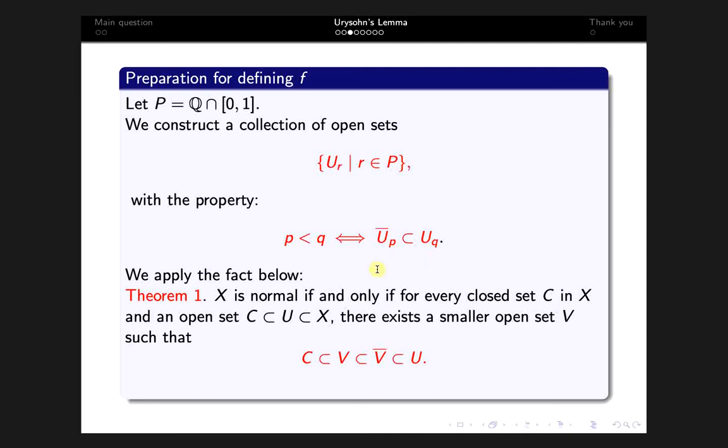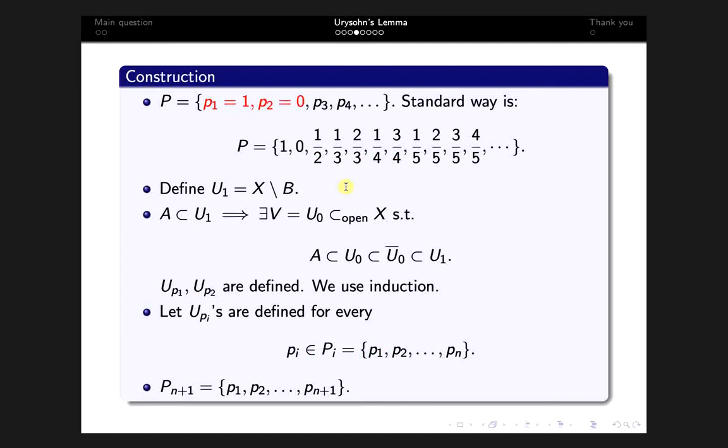So this theorem we will apply repeatedly to construct such a collection. First of all, note that the set of all rationals is a countable set, and P is the set of all rationals in the closed interval [0, 1]. Therefore P is a subset of the rationals Q, so P is also countable.